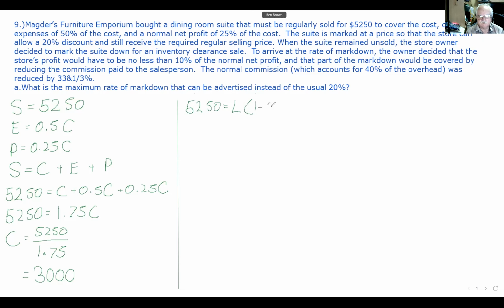So 1 minus 0.2. So list equals 5250 divided by 0.8. So it looks like they're going to put a price of $6,562.50. So that's the artificially inflated or fake price.